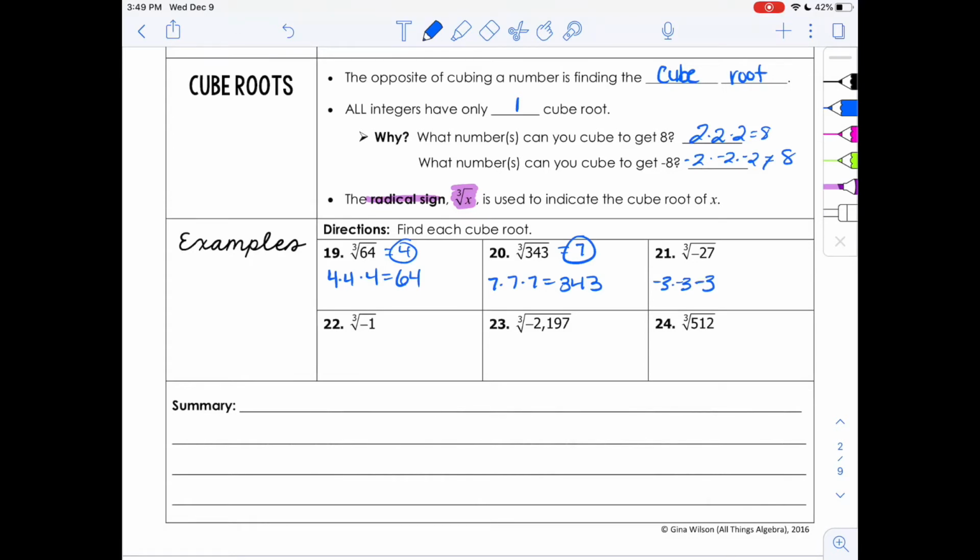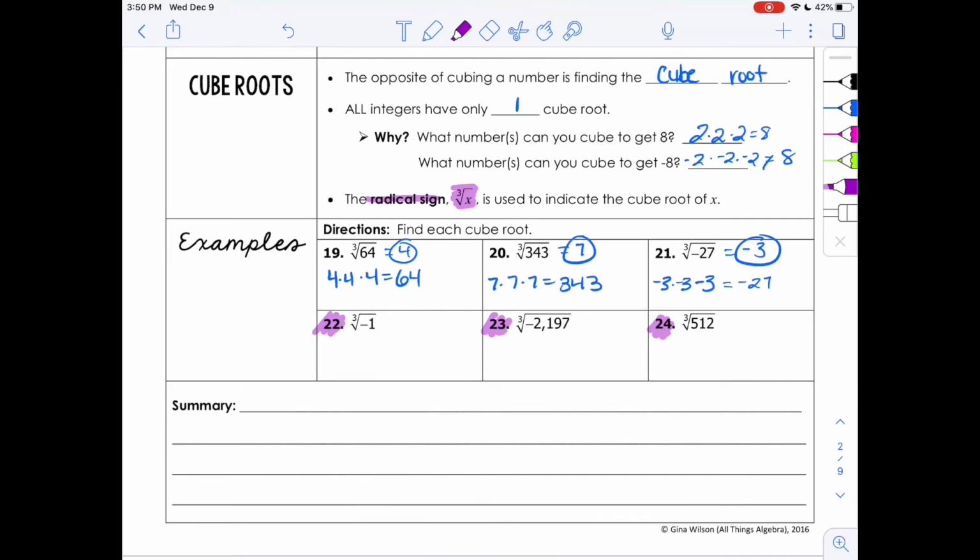And 9 times negative 3 is negative 27. So the cube root of negative 27 is negative 3. So you want to think about that negative if your square root or cube root has a negative underneath it. Go ahead and highlight 22, 23, and 24.